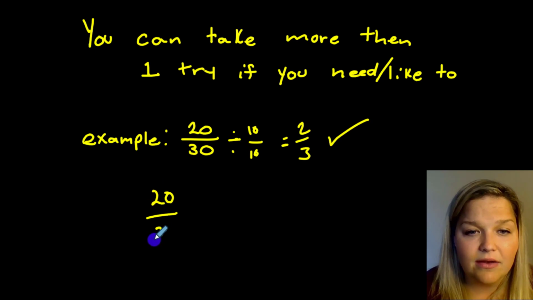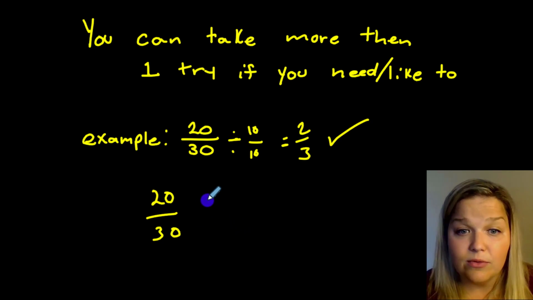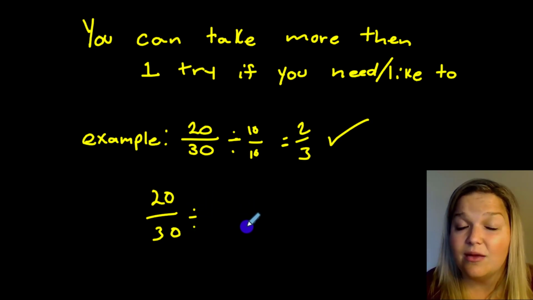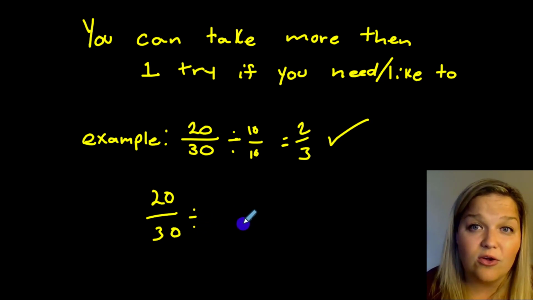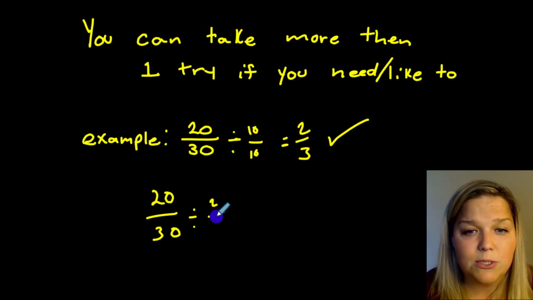What would happen if you didn't choose to start with 10? What if you were like, I want to start with 2? And that happens to a lot of kids. They just like to start with 2 to get the numbers lower until they get to smaller numbers that they're more comfortable with in their division facts. So let's divide by 2 over 2. They're both even, we can do that. 20 divided by 2 is 10, and 30 divided by 2 is 15, so 10 over 15.